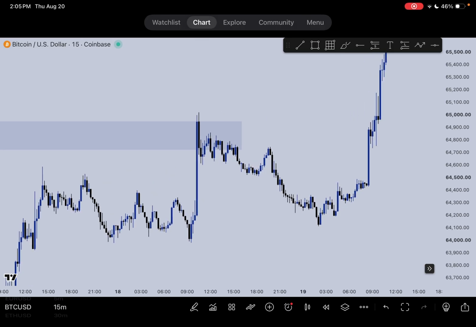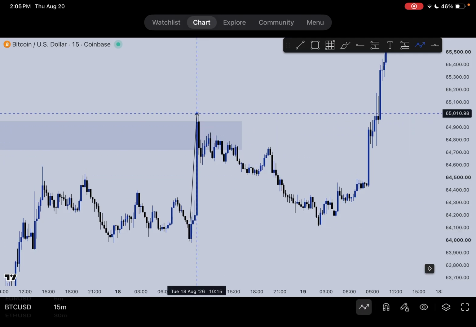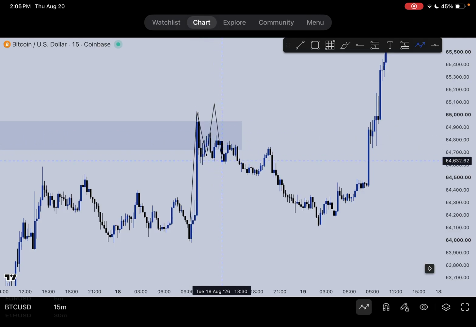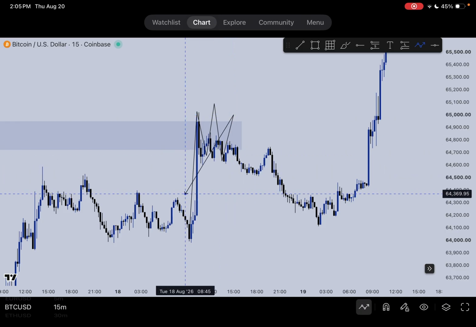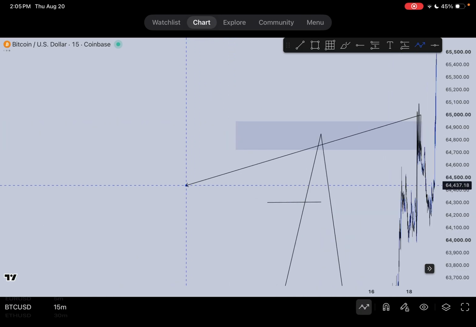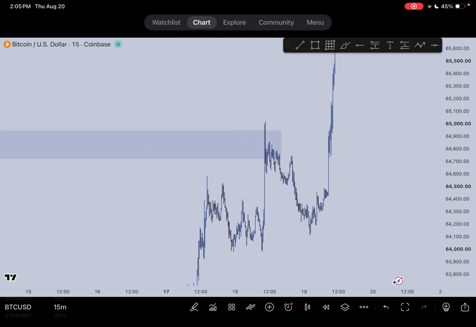But for the fact that the market actually gave us this push, mitigated that zone, bought above that zone, even if I should get an MSS at this zone, I will still not take this trade because the market might just decide to come here and tap. Sorry for that.